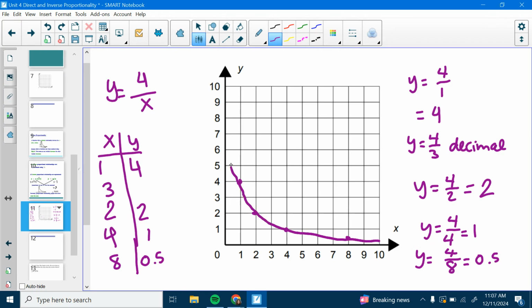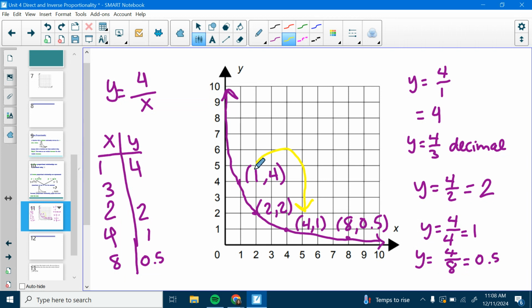One of the really cool things, there's a lot of really cool things that we can notice about inverse graphs, and I think they're super interesting. But if we take a look at some of these points here, you will notice, oops, this is not 4, 1, it is 1, 4, that at some point along the way, wherever we have an x, y, we're going to get a switched around version being y, x.